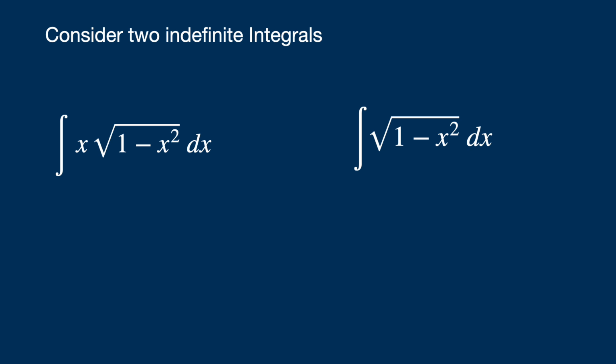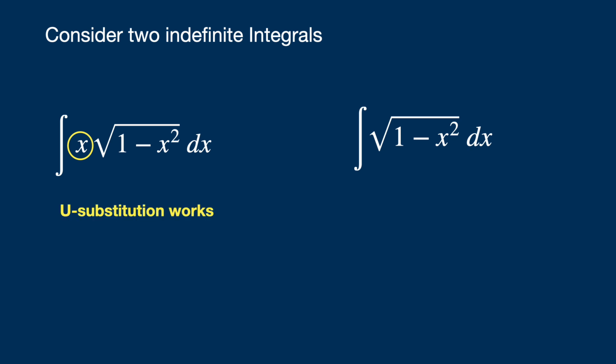So I have two indefinite integrals which look very similar, but there is a difference. The left one has x in front of the square root of 1 minus x squared. The right one is just the integral of the square root of 1 minus x squared. So for the left integration, which method works, guys?